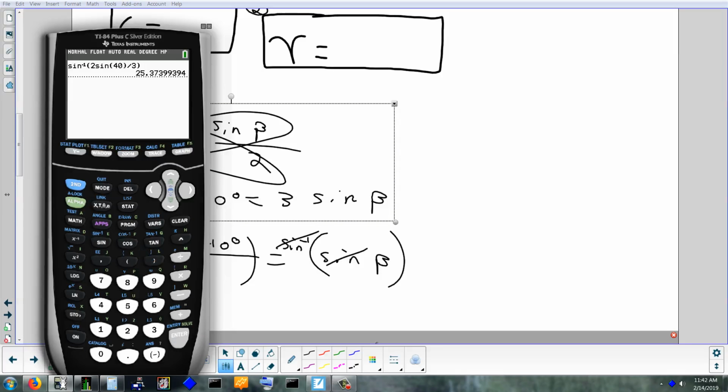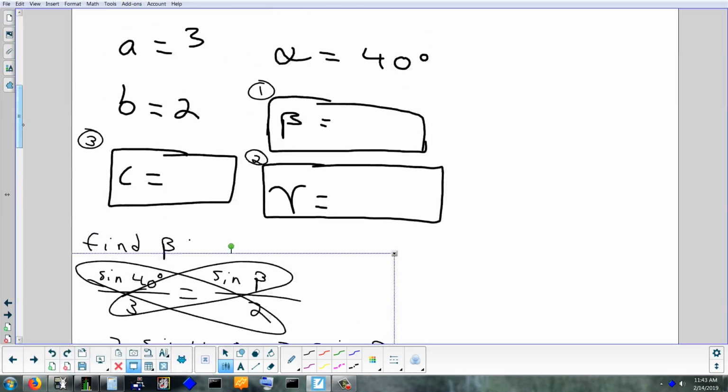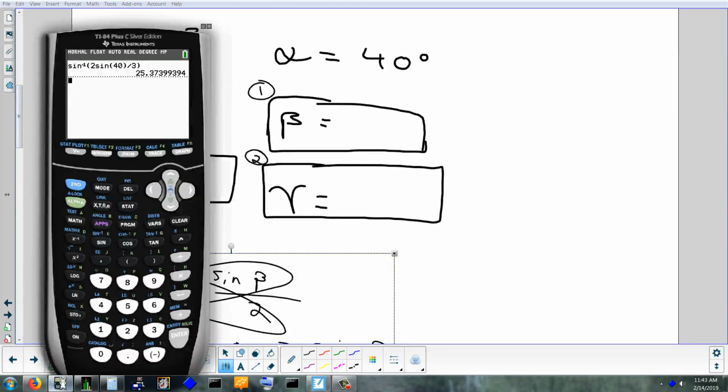Unless I typed in something wrong, this is not a no solution problem. I know that because I just got a solution. 25.374. So I'm going to write that down for beta. But I'm going to write it in the box kind of up higher.